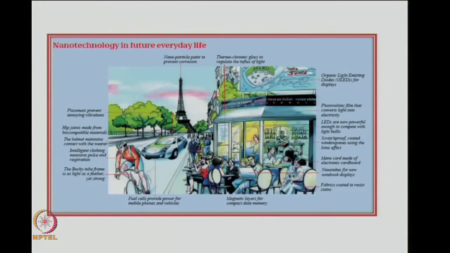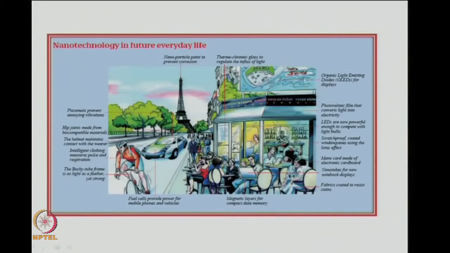Now, we can see nanotechnology applications in the future in everyday life. For example, there will be thermochromic glass to regulate the amount of light going through a particular glass window. These can be coated with nanomaterials which cut down certain wavelengths of light.